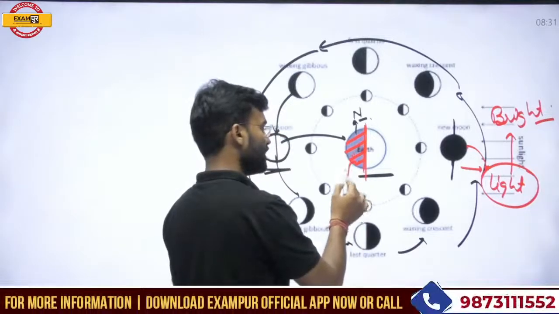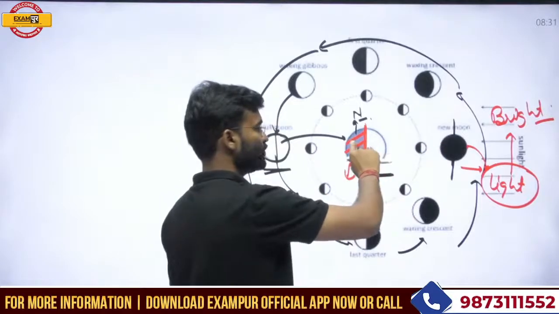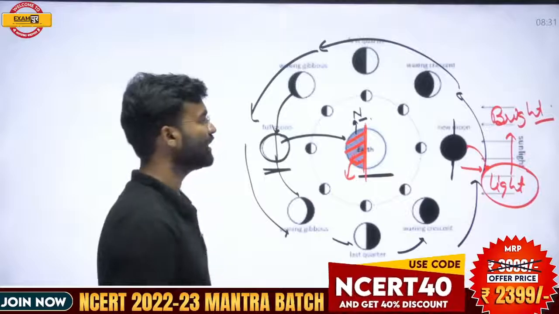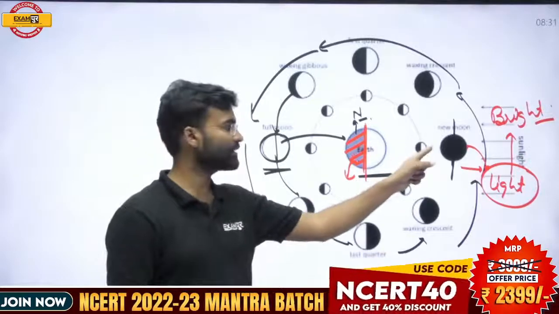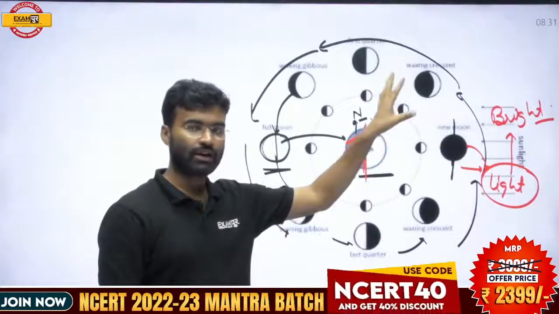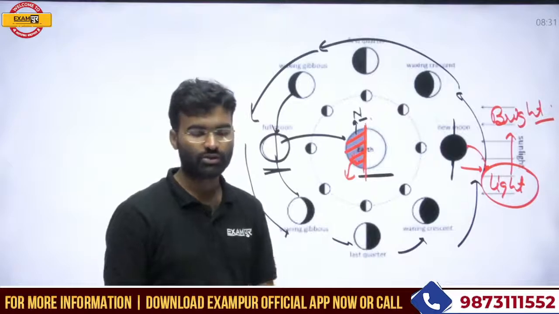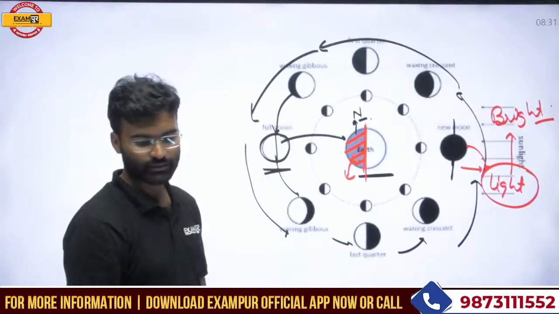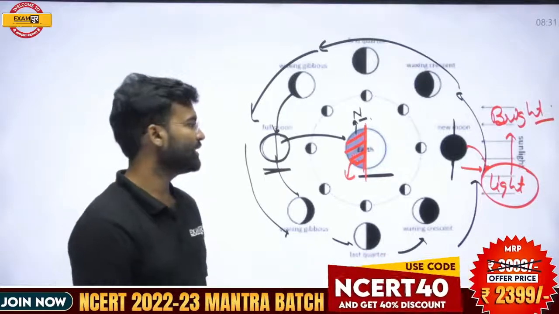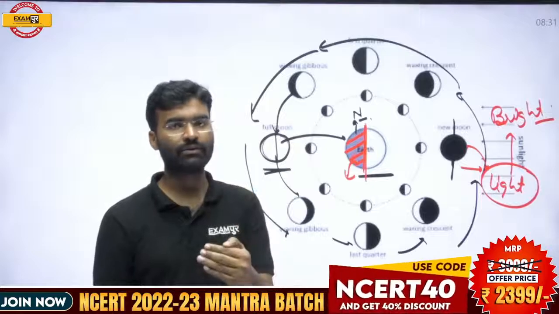If you are on the Earth's surface and the moon is at a different place, you are not able to see the moon, and that is why in this condition the moon does not appear in the Earth's horizon, and this is called the new moon condition. So there are two conditions related to the moon: one is the full moon and the other is the new moon.